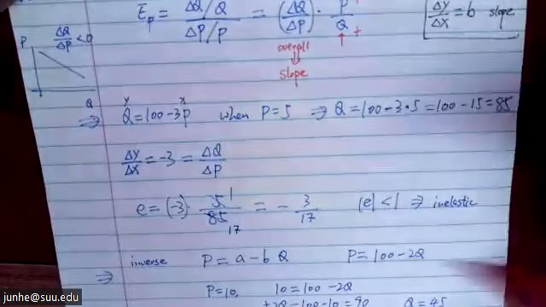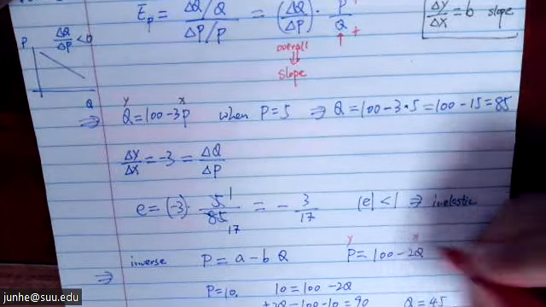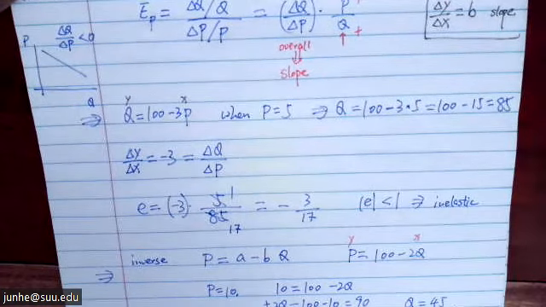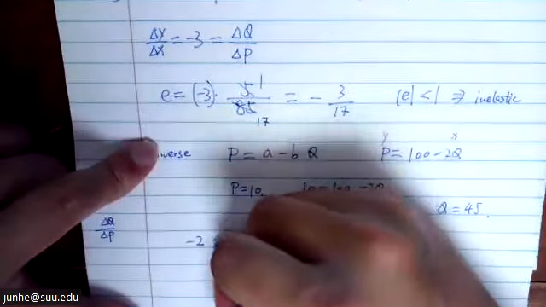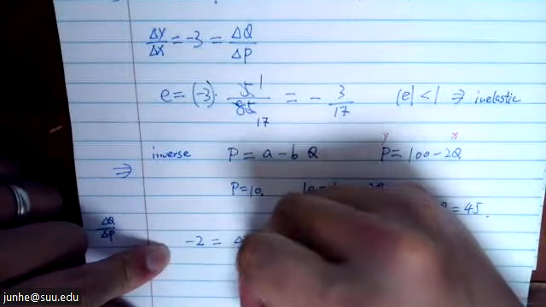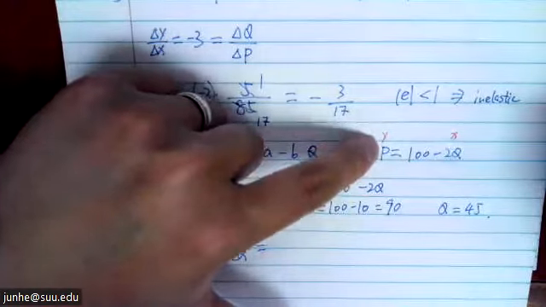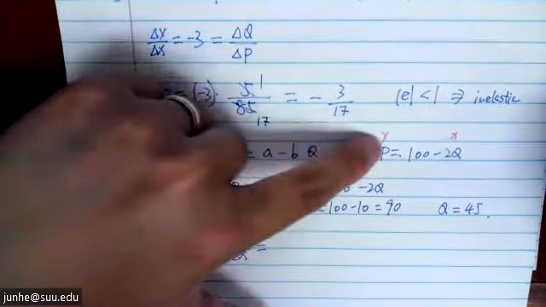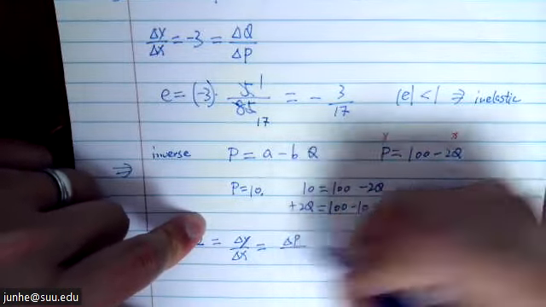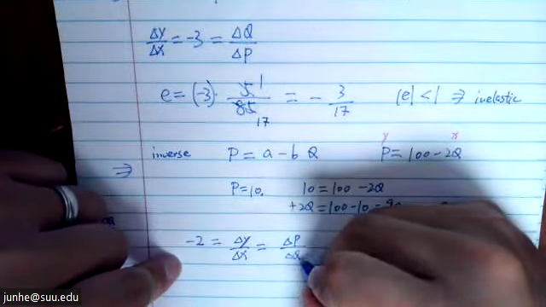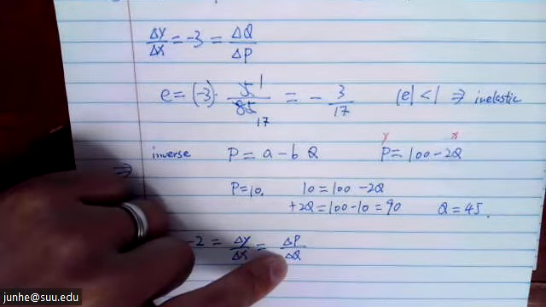Here, in this case, your P is Y and your Q is X, because that's an inverse demand. Regardless, minus 2 is always delta Y over delta X. So here you just need to figure out what is Y and what is X. In this case, Y is P and X is Q, so minus 2 is actually delta P over delta Q.